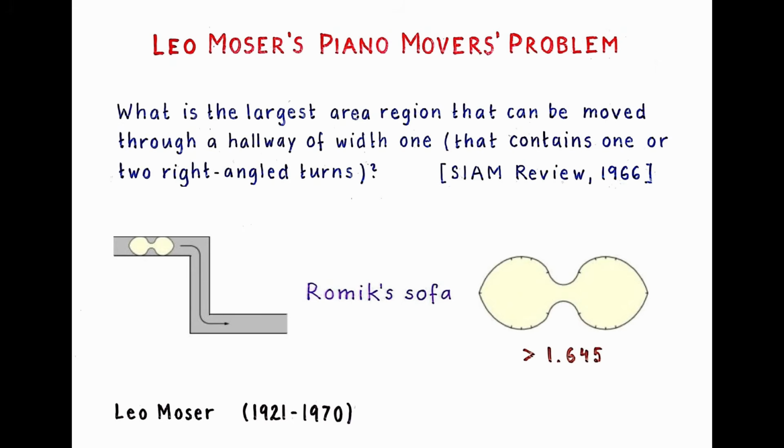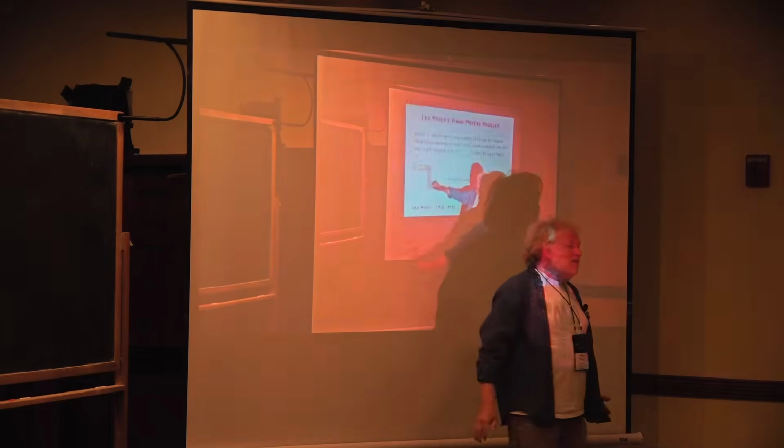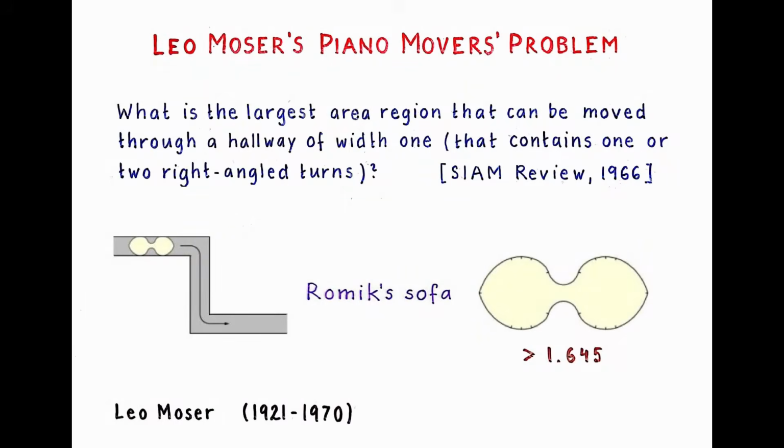Obviously, if you take a unit square, then you can just translate it without tilting it through this corridor. So the area 1 is obvious, and the best construction so far was discovered by Romik. It's called the Romik sofa.